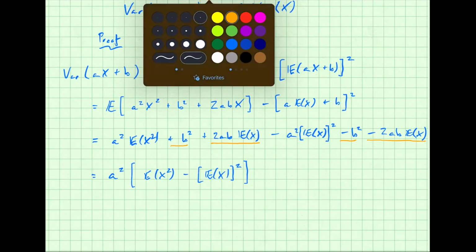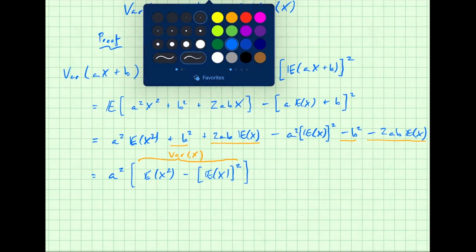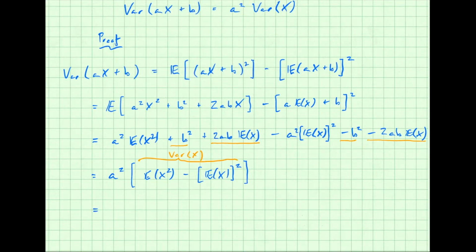And if you think about that, what is this quantity in square brackets here? Isn't that the variance of x? And so that's what we were trying to prove. So we get a squared times the variance of x. And so that's our little proof of this property.